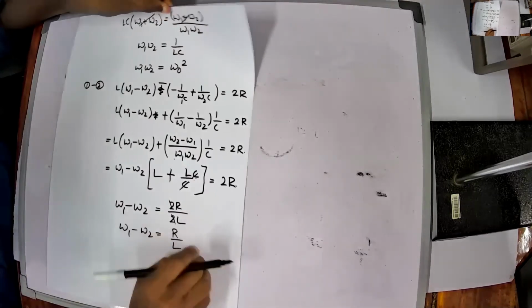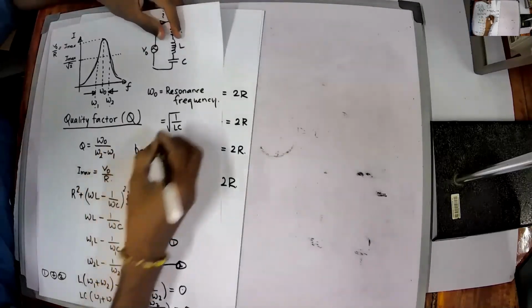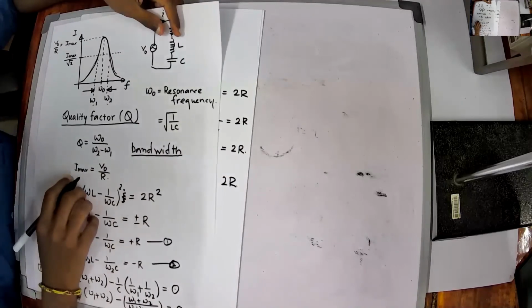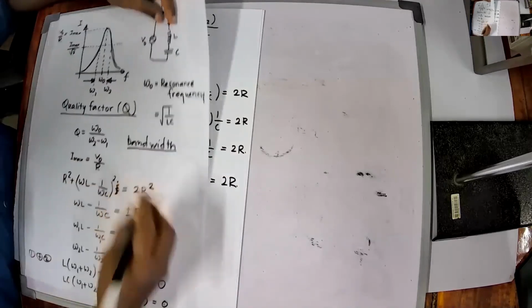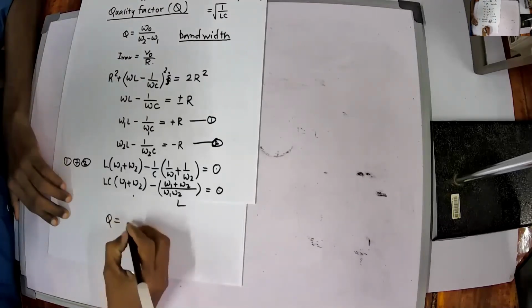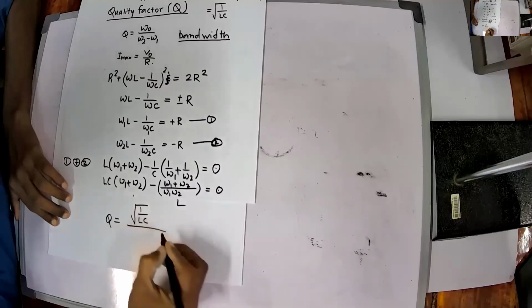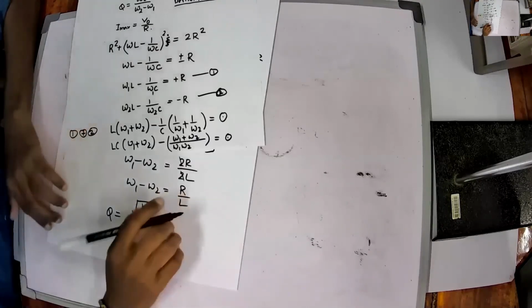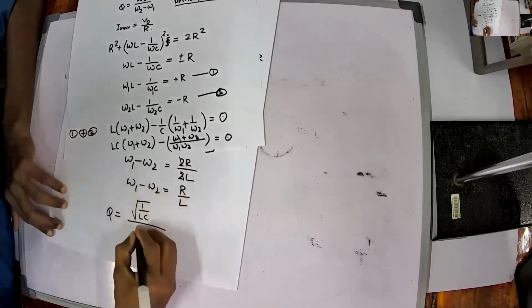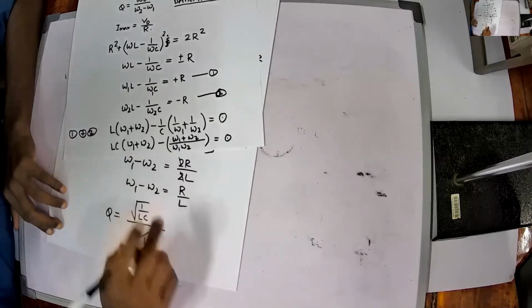Now substitute these two in this equation. What is omega naught? It is the square root of 1 over LC. So Q equals omega naught over omega 1 minus omega 2, which is square root of 1 over LC divided by R by L. So simply L will go on top.